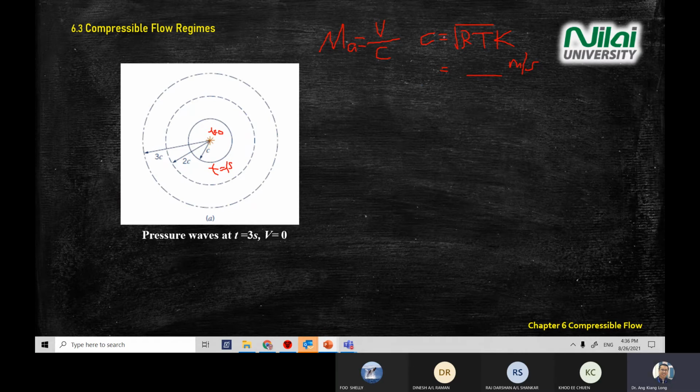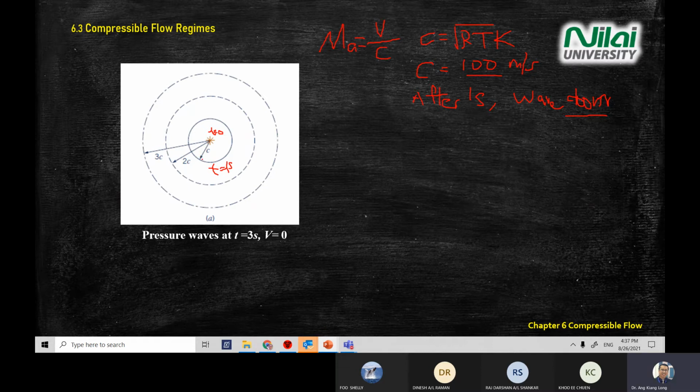Let's say your speed of sound is 100 meters per second. After 1 second, the wave will move 100 meters from the source. That's why you see a circle labelled C.